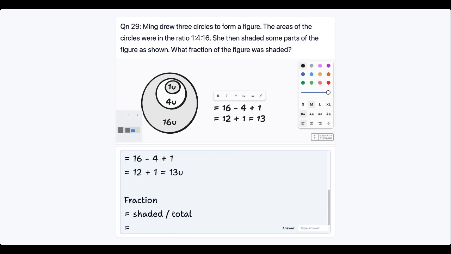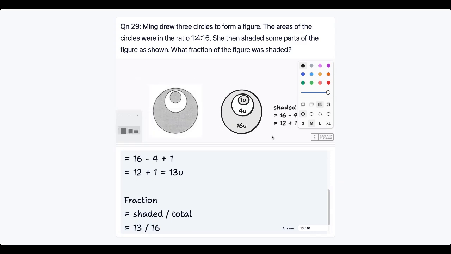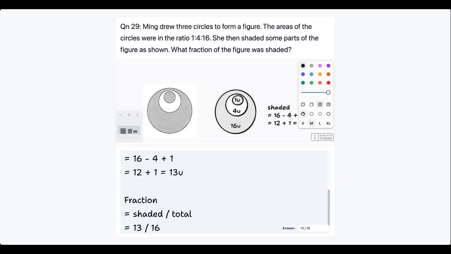So the total is basically 13 divided by 16. There you go. So that's the answer, 13 by 16. A careless mistake is people put just 12 over 16. Or maybe they add all the units up for the total, but it's actually just 16. All right, so that's it for this question.